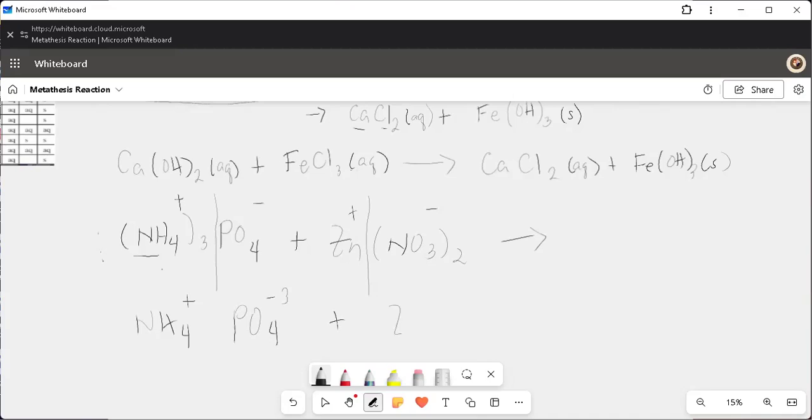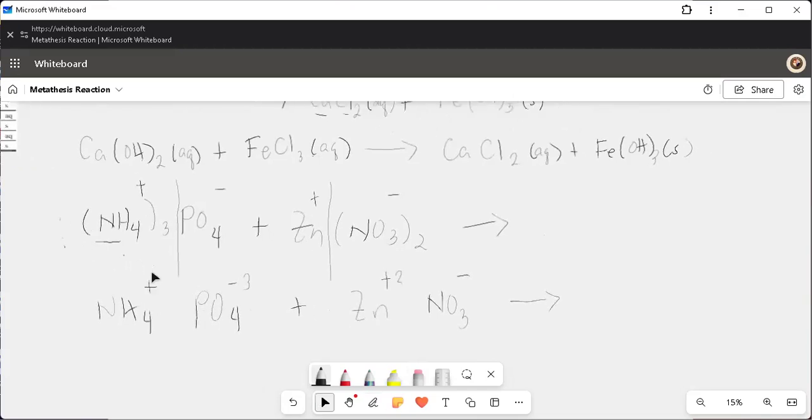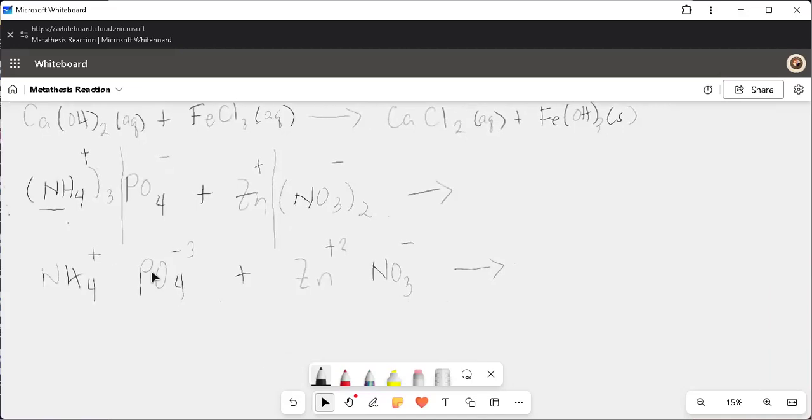Okay? For zinc, the charge from our periodic table is positive 2. So it's not an atom with multiple charges. So it will take only one charge, and that is positive 2. For nitrate, it will be from the polyatomic ion table, that will be negative 1. So again, you are now ready to create the compound.